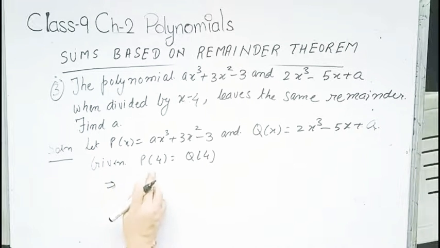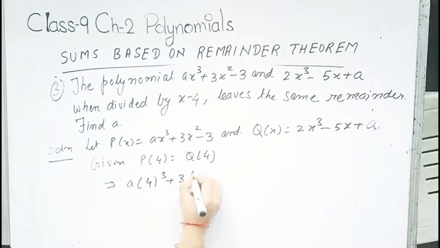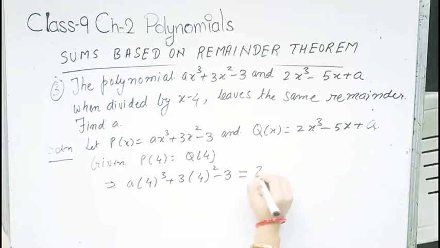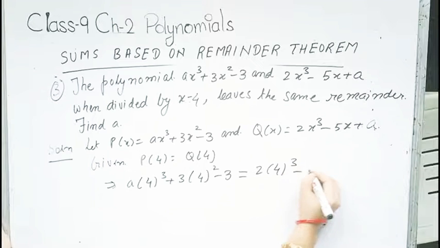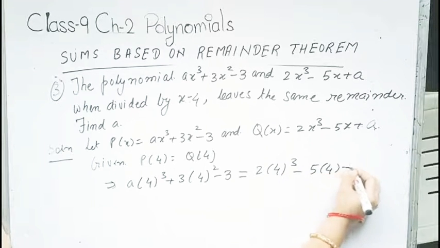Now this implies P(4). In P(4) I put in place of x the value 4. So I get a into 4 cube plus 3 into 4 square minus 3 equals Q(4). Now see, q(x) is this one, so 2 into 4 cube minus 5 into 4 plus a.